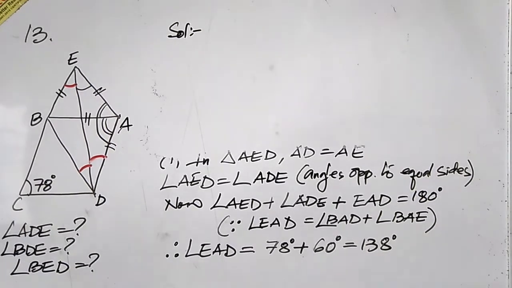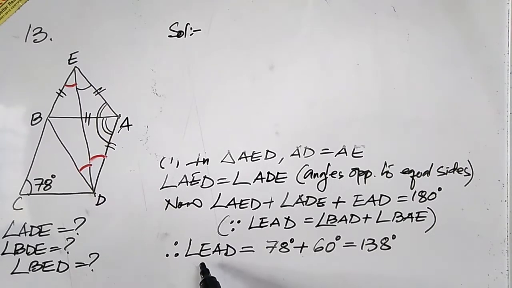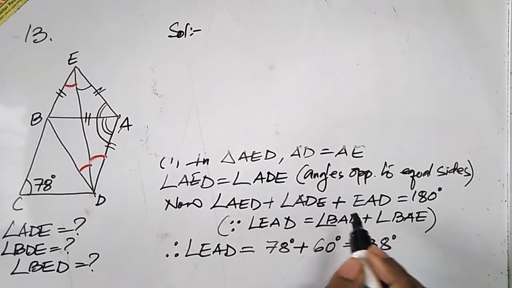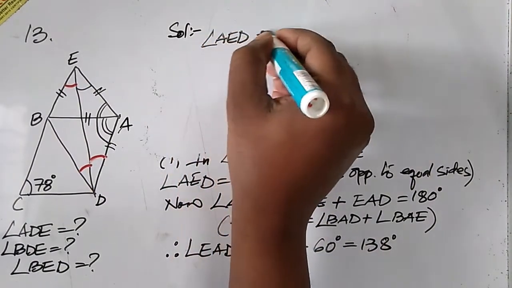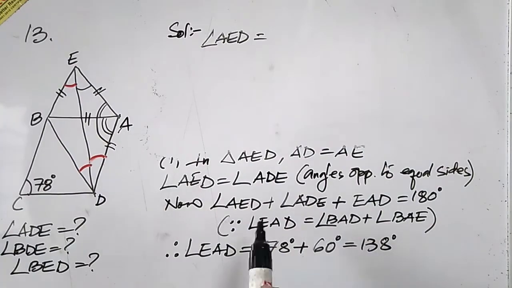Alright, we're continuing to solve here. Angle EAD is equal to 138 degrees. So what we'll do, we'll just replace the value here. Angle AED, we'll make angle AED the subject, or later we can make it the subject.